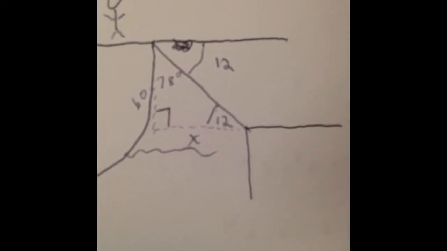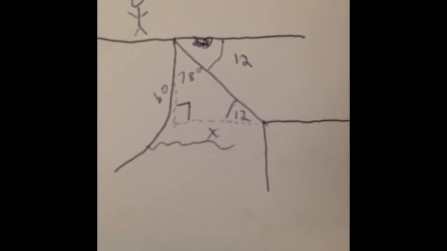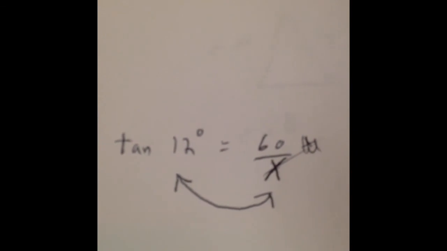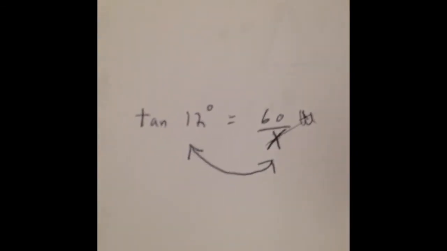So I've already set up the equation right here where I use tangent of 12 degrees equals 60 over x, and 60 is just your height. Then basically you switch tangent with x, and then you solve.